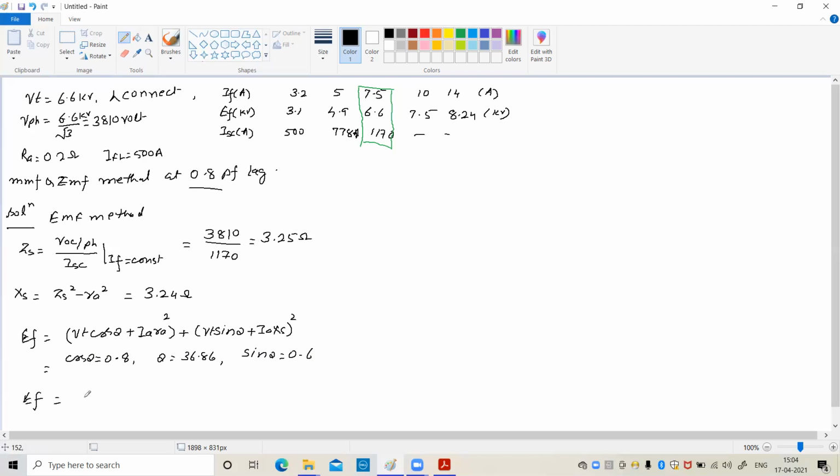So EF is equal to the square root of (3810 into 0.8 plus 500, the full load armature current, into 0.2) whole square plus (3810 into 0.6 plus 500 into 3.24) whole square.